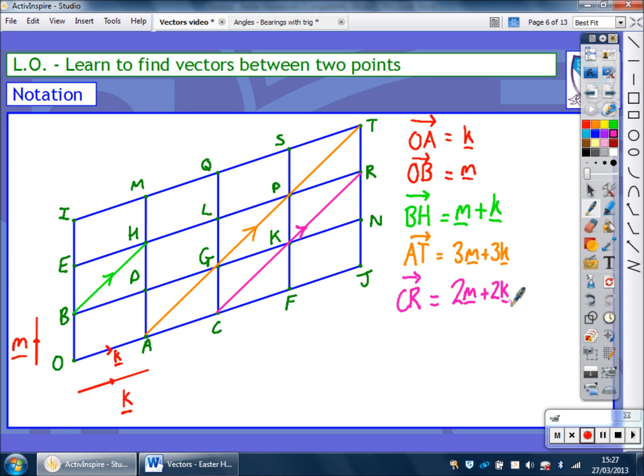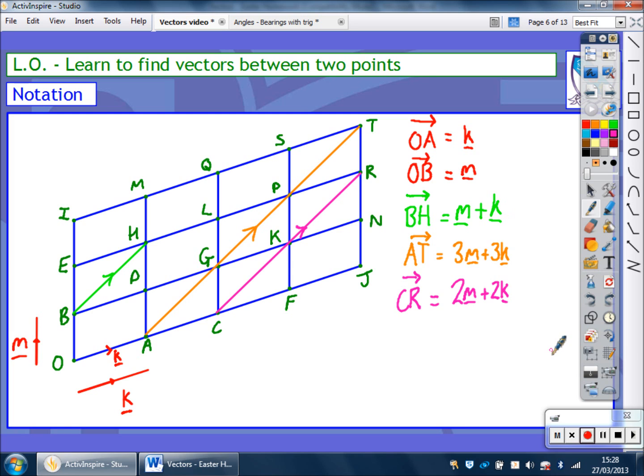Now what you hopefully realize about these three lines that I've drawn, the green, the orange and the pink, these three vectors are all parallel. Now how can we tell that from the expressions of their vectors? Well, M plus K, that's written as simply as we can at the moment.